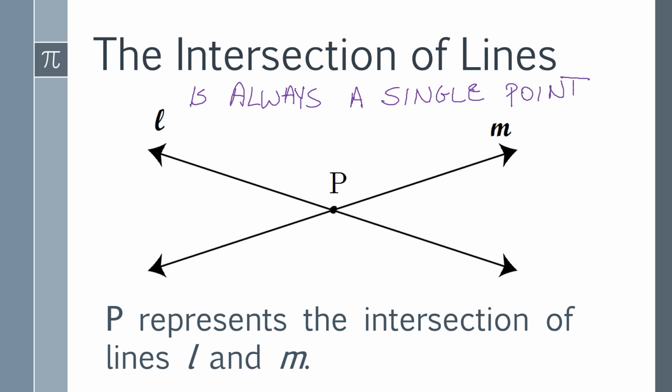So you can see here the intersection between line L and line M is point P. That's where they meet. That's what they have in common. That's the only point that's on both L and M.